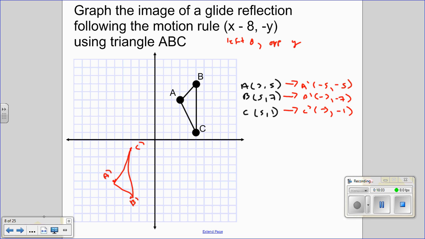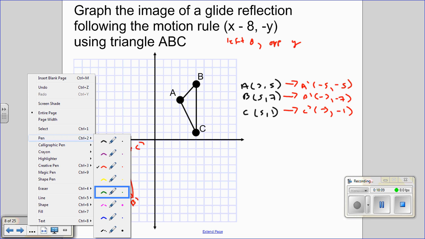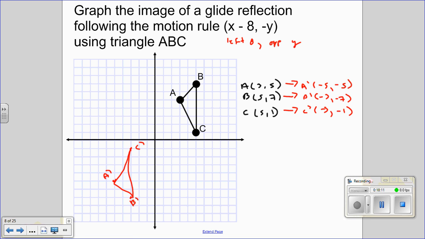So based off of this, what transformations occurred? Well, we already said it translated, or slid, left 8 units.